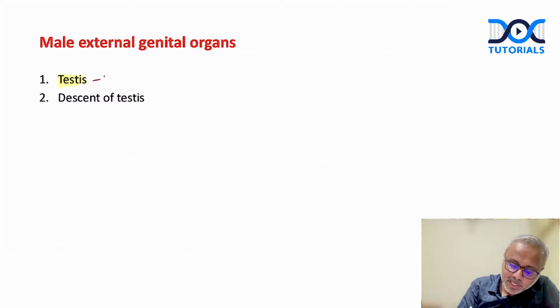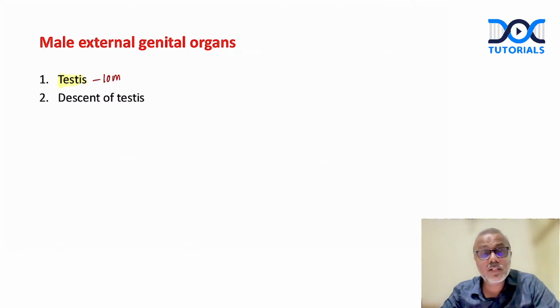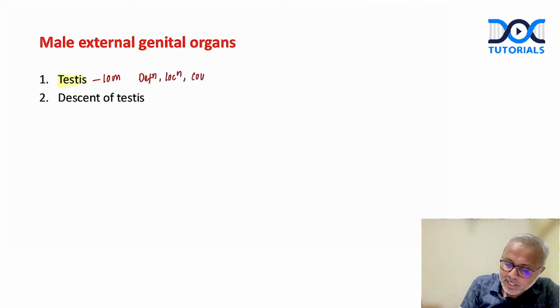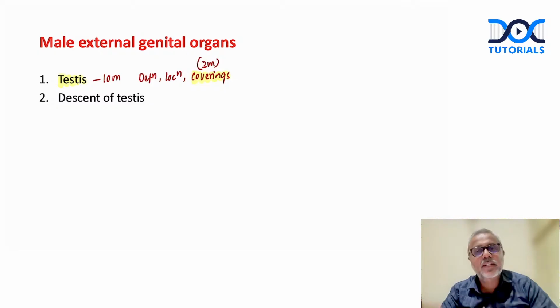Now, this could be a very important 10-marker question for your theory paper. For your practical, this is of course a discussion topic or OSPE topic. Testes, again, what is it? Where is it located? And then come the coverings. The coverings itself could be an important 3-marker question, the coverings of the testes.